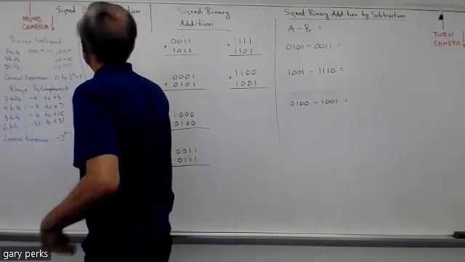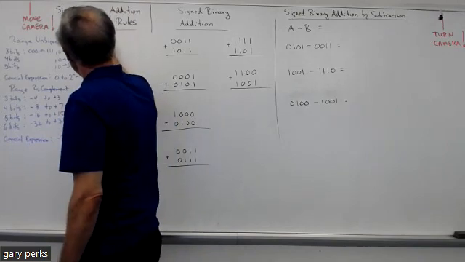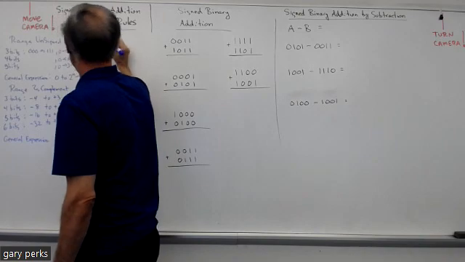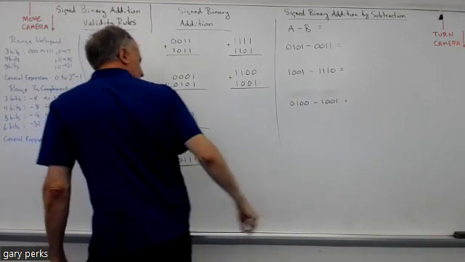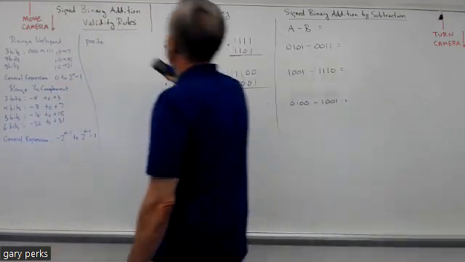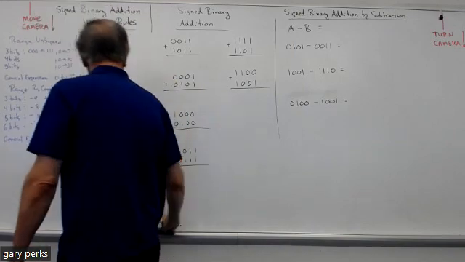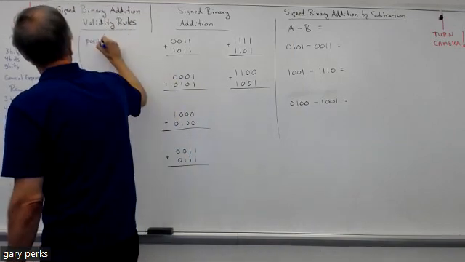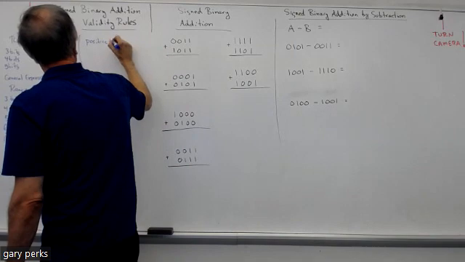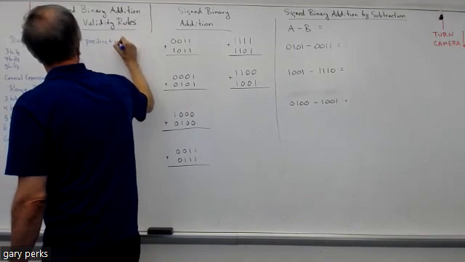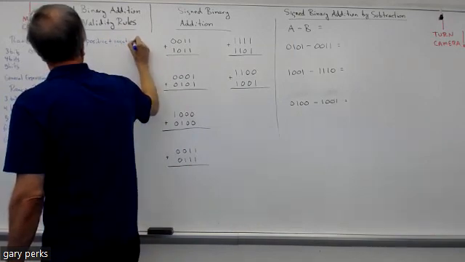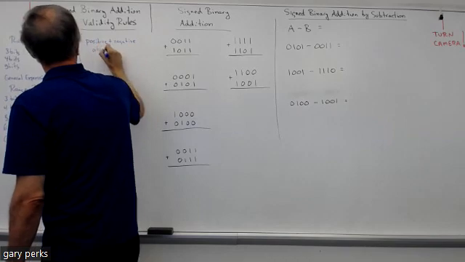And these are the rules. When you add a positive to a negative, it's always valid.